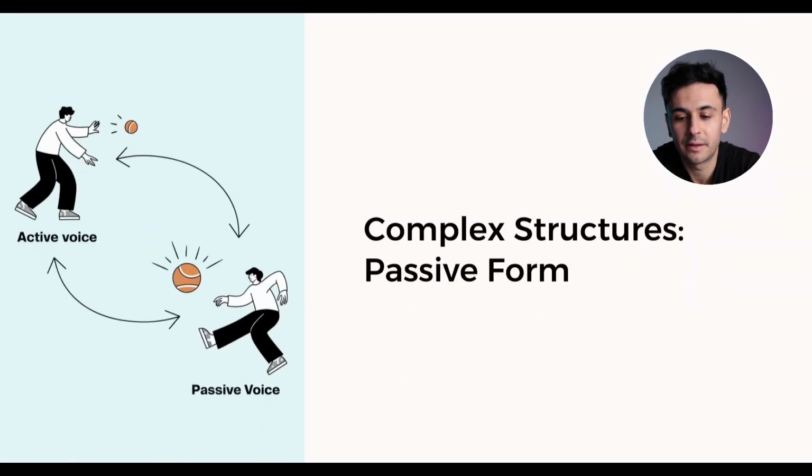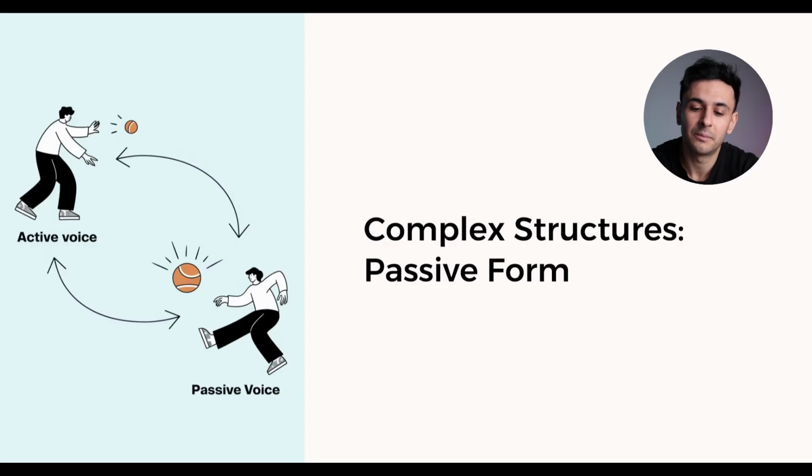And now let's look at another complex structure that's also easy to use, and that is the passive form. This picture will give you some basic understanding of the passive form. It's usually when the subject performs the action.